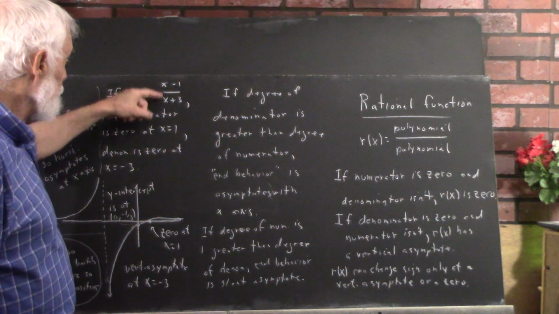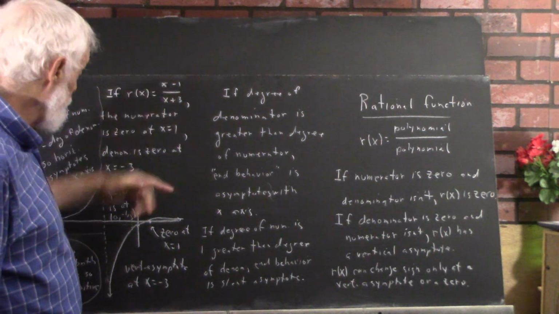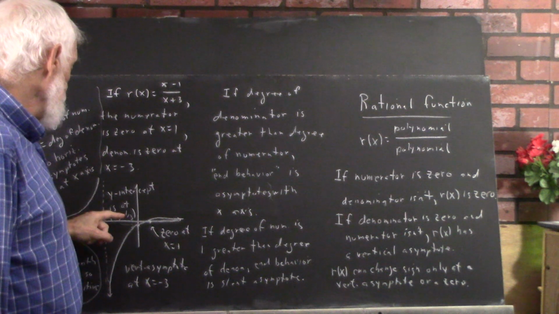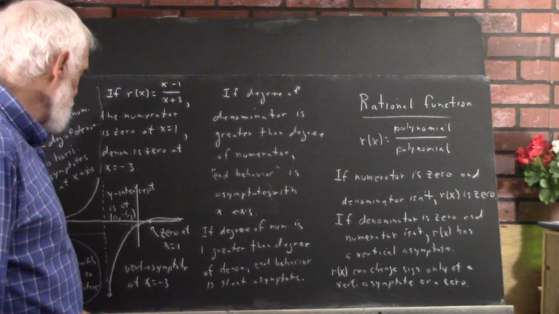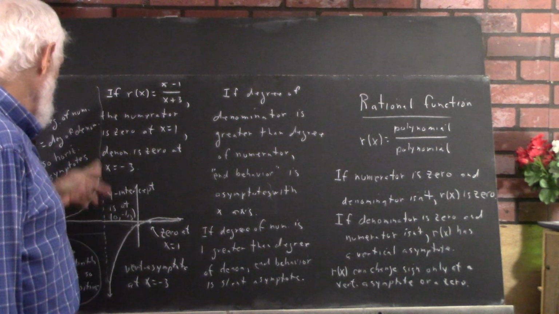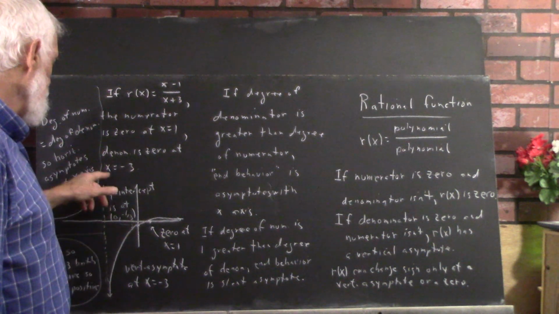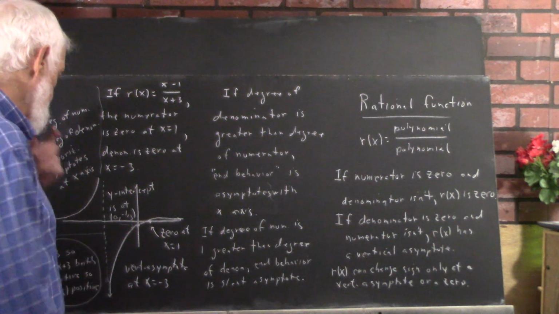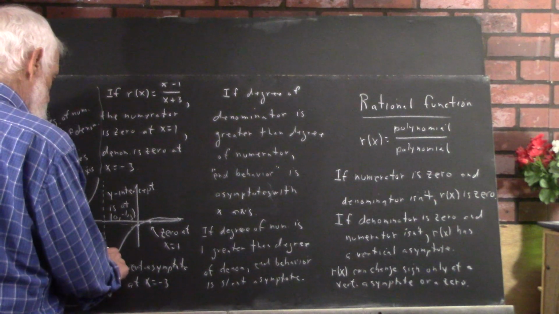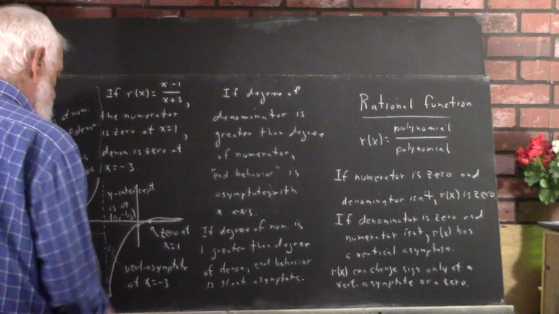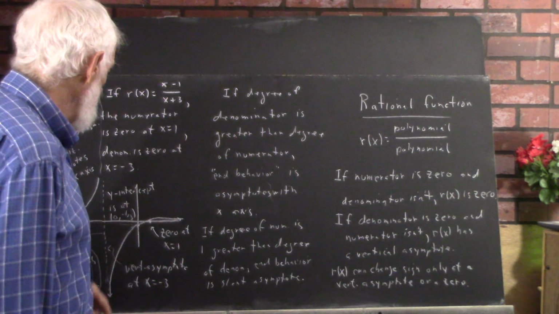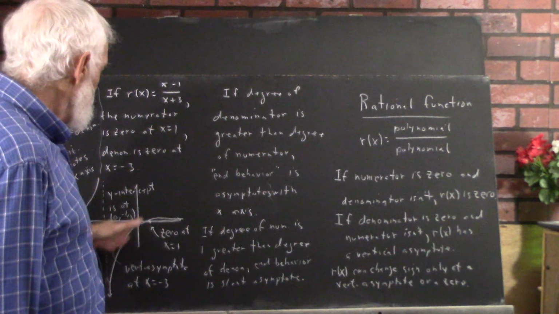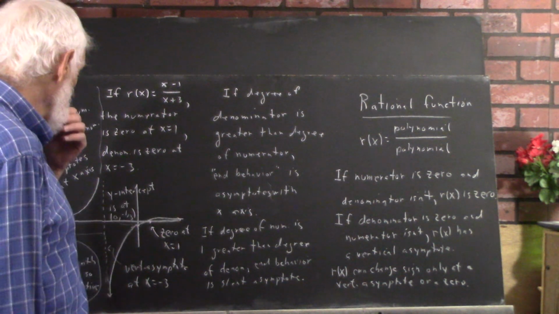Clearly if x is 0, you're going to get negative 1 over 3, negative 1/3. So your y-intercept is at 0, negative 1/3. The vertical asymptote is at x equals negative 3. So here's your vertical asymptote.